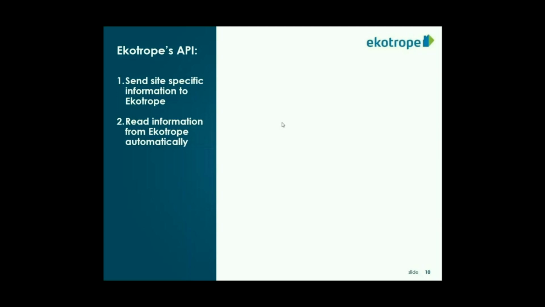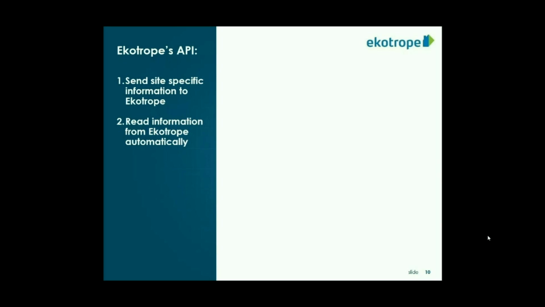For example, you might have a project management or a CRM system that collects site-specific information and then stores the rating results. You can simply send to Ecotrope your information once you're ready to do the rating and read back the analysis results.